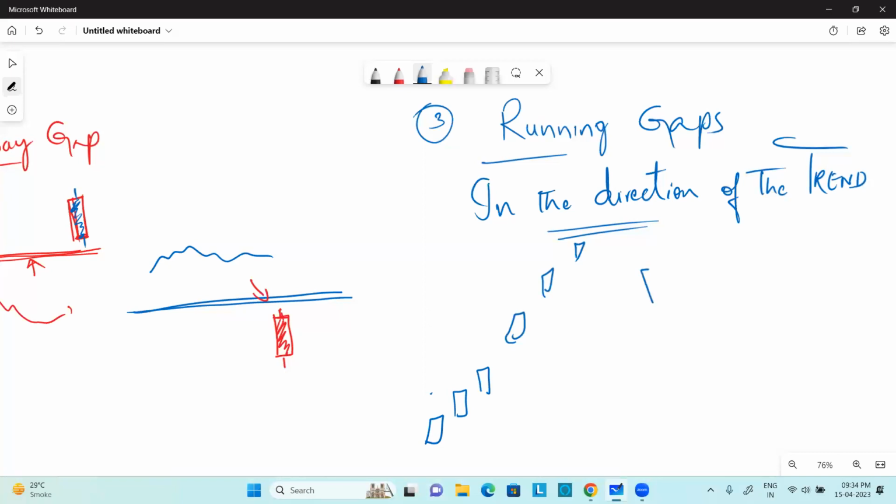When it is super bearish, it will be opening gap down, gap down, gap down. This is called running gaps. चलते चलते जंप करके चले जाना, either bullish or bearish. Did you understand this? मैं क्या बोला? In the direction of the trend, जाते जाते gap करना है. Okay. Directly we will see it in the chart.